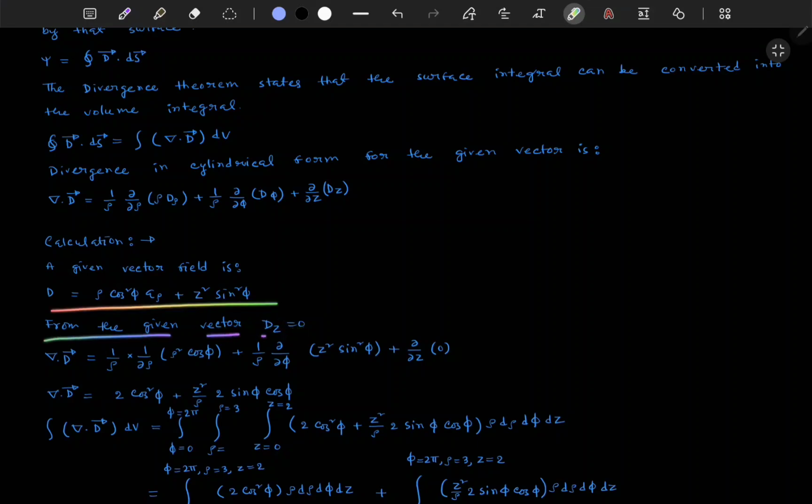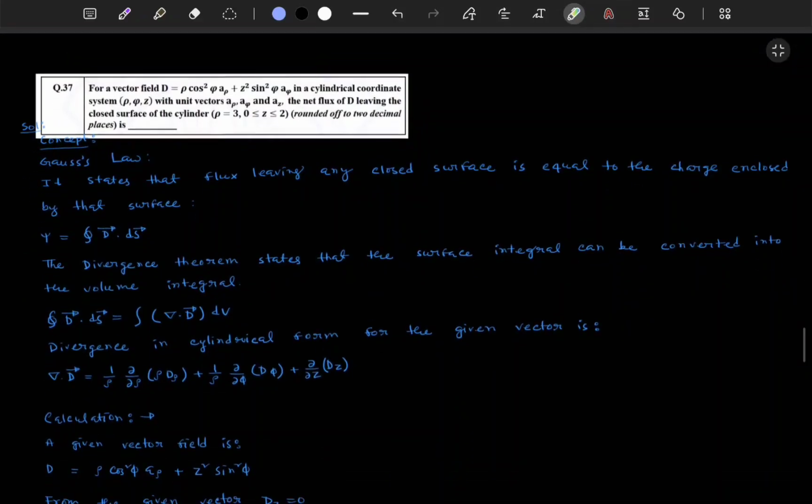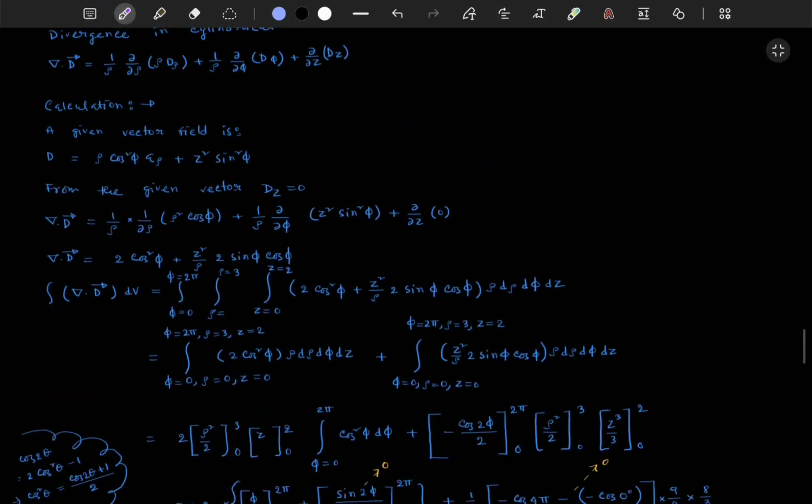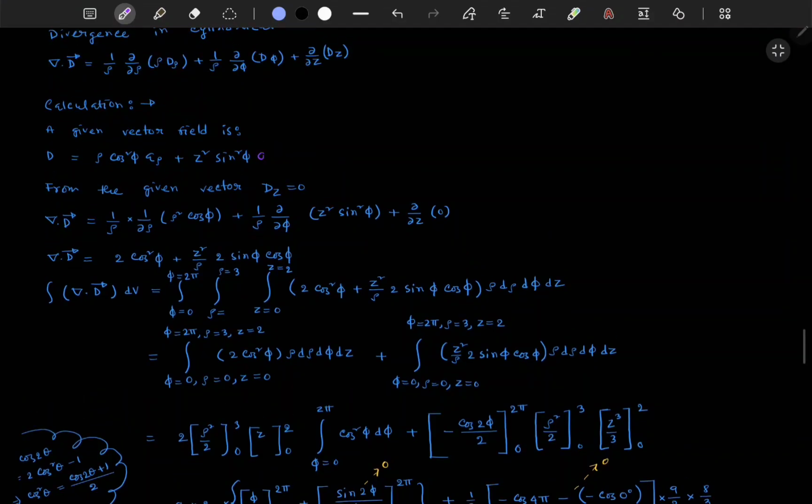From the given vector, Dz is 0. There is no az term here.